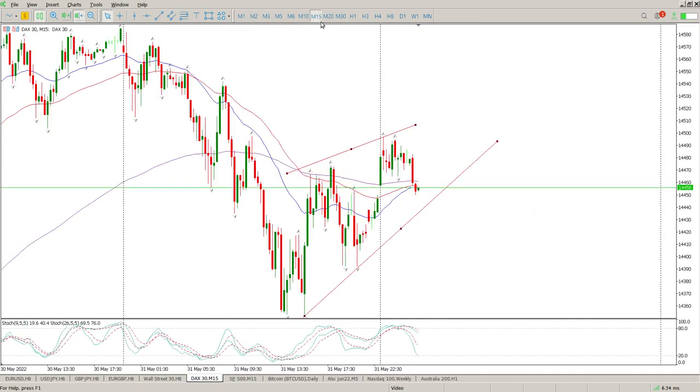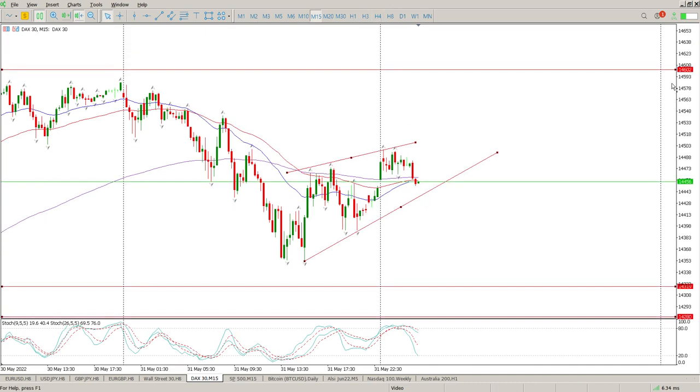So with all of that noise in your head, what you're looking for on the 15 at least, and there's two ways of doing this. That's the first way, which is probably the right rule to have. But ultimately you're looking for a break and retest of this area here.